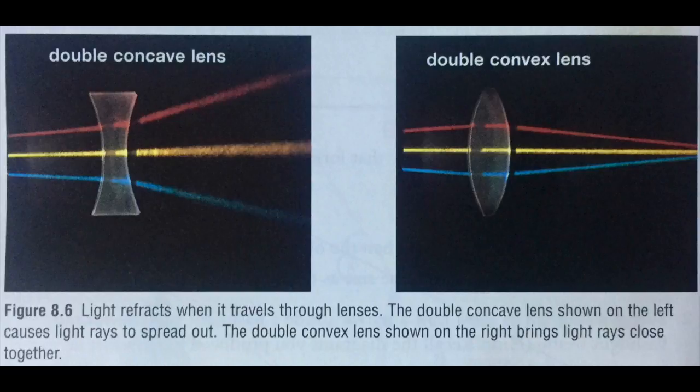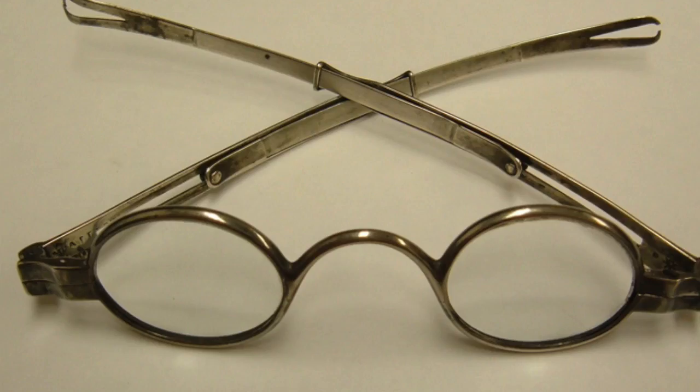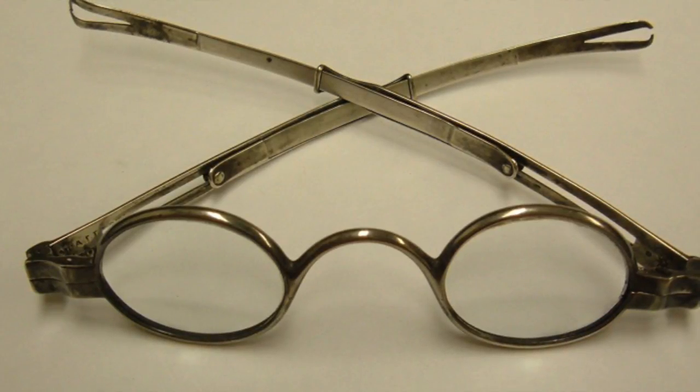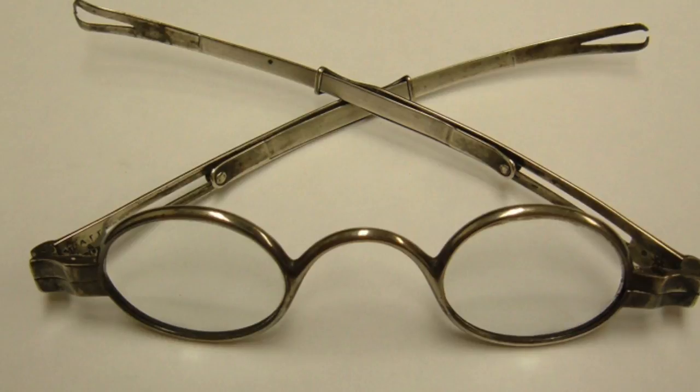This causes rays of light to spread out or diverge after passing through the lens. A convex lens, also shown in 8.6, is thicker in the middle than around the edges. This causes the refracting light rays to come together or converge.